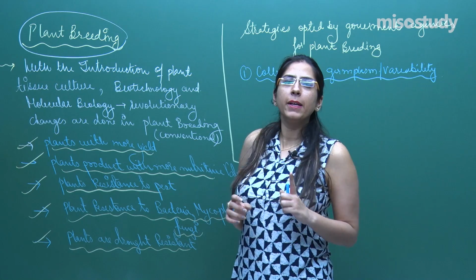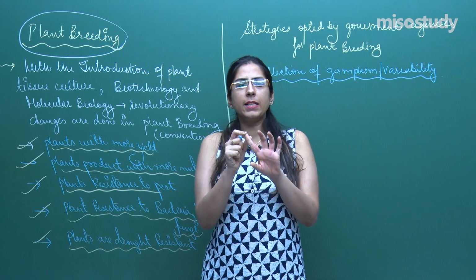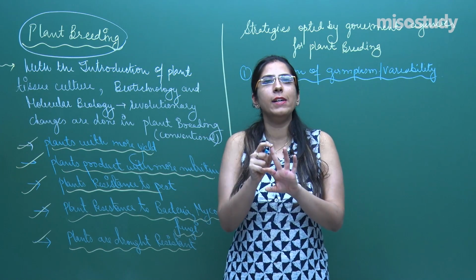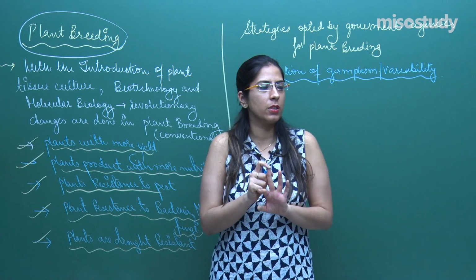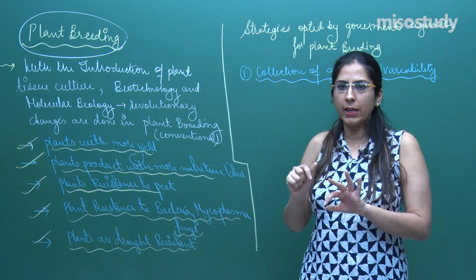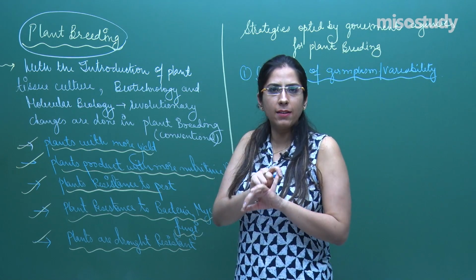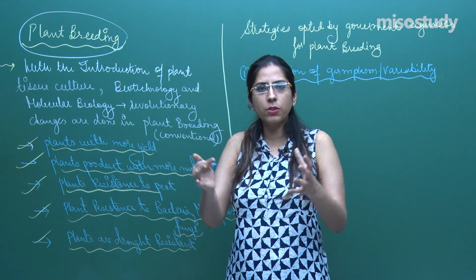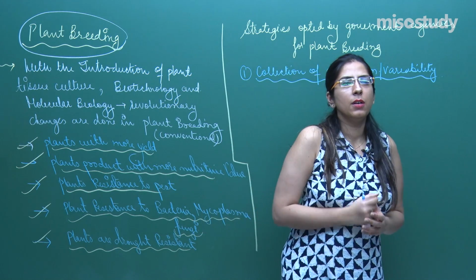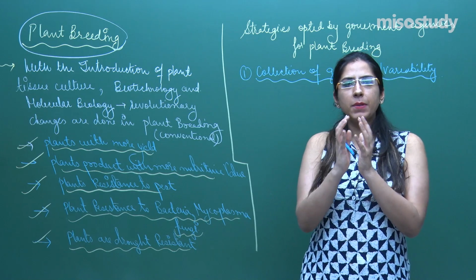Now, what will be collected in this? First of all, I'll be collecting the cultivable, which I am cultivating, and those species which are not cultivated as well. I'll collect those species as well. I'll collect those local varieties which are available in the market. I'll take those pure lines which are available at the breeders. So I'll take all those together, and that will be called my germplasm for that particular variety. So I am focusing on that particular variety.